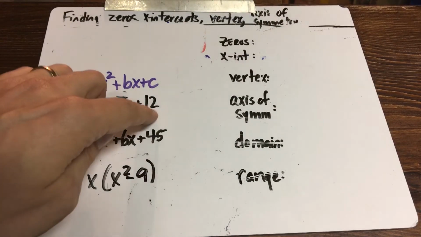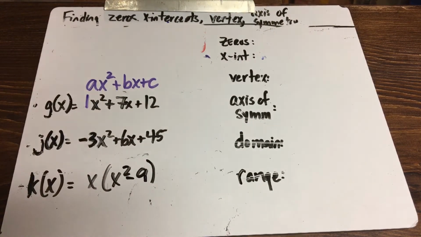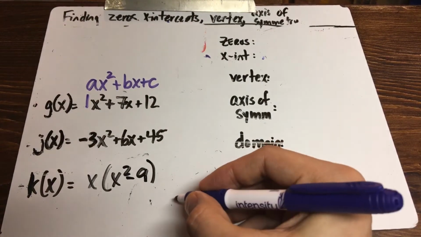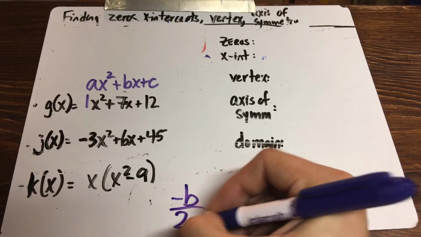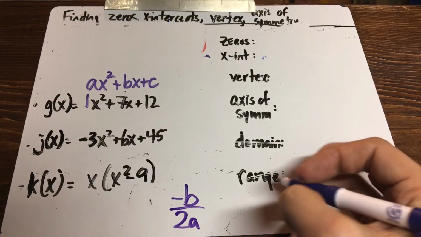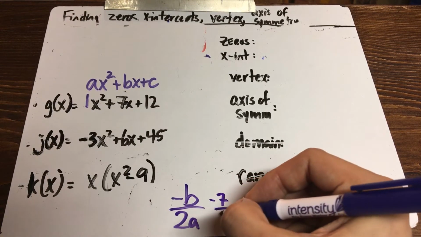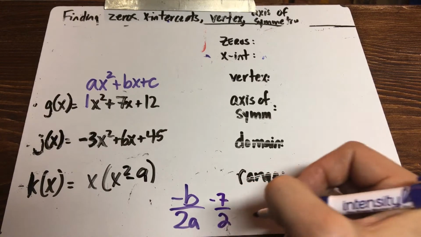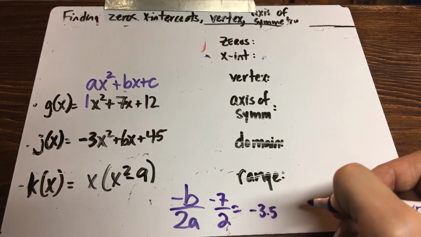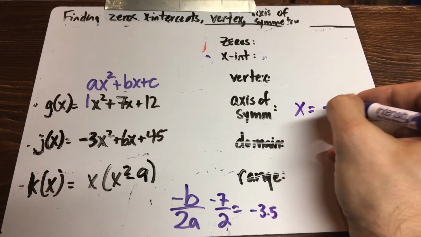I know that this is going to have a y-intercept of 12 because the C is the y-intercept. And then you know how we had the axis of symmetry formula? You could do this, the negative b over 2a, to get your axis of symmetry. Like we could do negative 7 over 2 times 1, right? And I bet our axis of symmetry is going to be this. I bet this is going to be the answer.